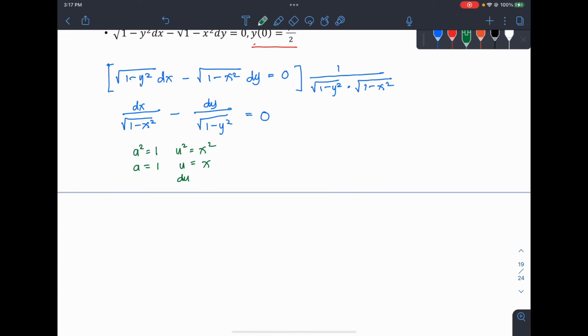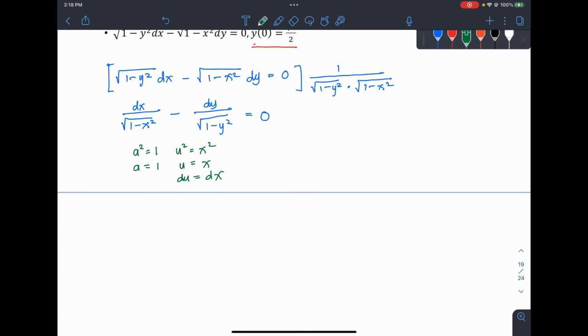The derivative of u is dx, which we get in the numerator over the square root of 1 minus x squared. So u squared is x squared, u is x, so du is dx.